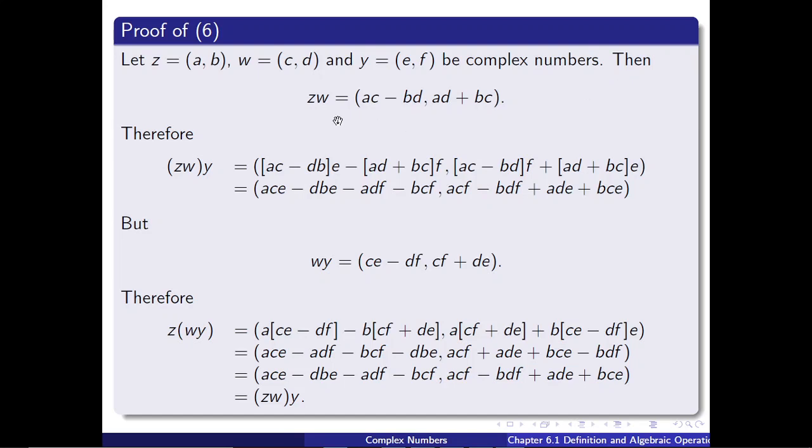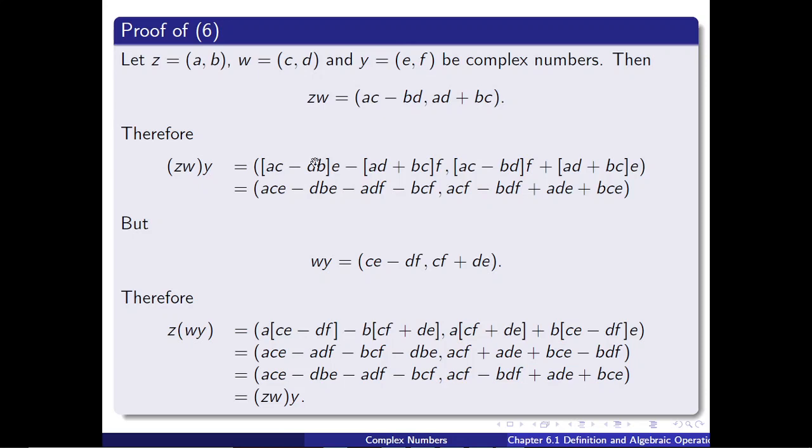Then using the rule, we know that zw is going to be equal to (ac minus bd, ad plus bc). And so if we want to find (zw)y, then we apply the rule on zw, which is equal to that, and y, which is equal to that.